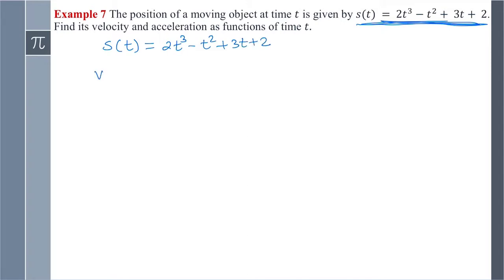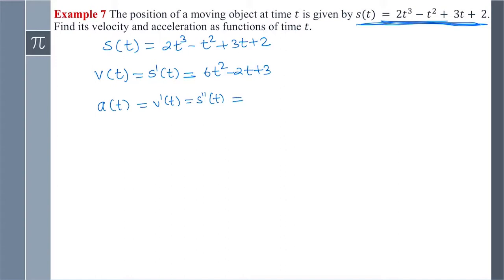Now the velocity, represented by v of t, is the first derivative of the position function, which is 6t squared minus 2t plus 3. The acceleration, represented by a of t, is the first derivative of the velocity, or the second derivative of the position function, which is 12t minus 2.